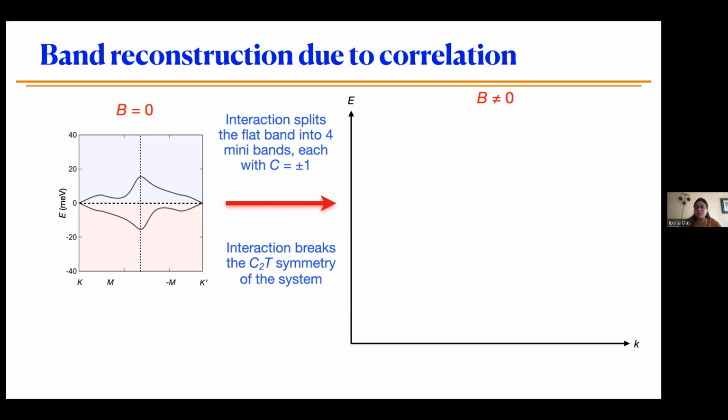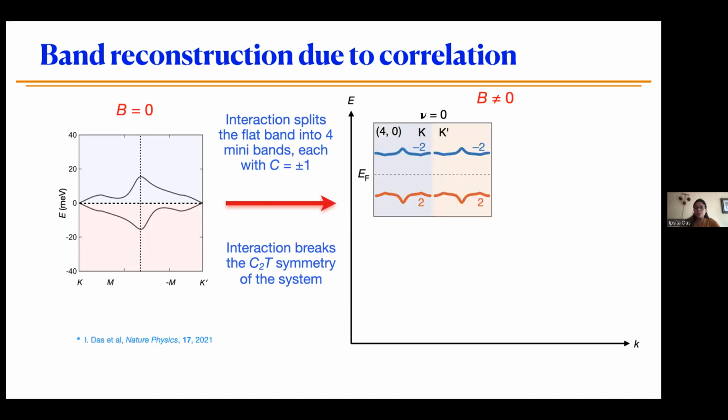So this is at non-zero magnetic field, and your Fermi energy lies within, and you have two sets of band above and two down, which are valence band and conduction band. But they have now different Chern number, let's say.